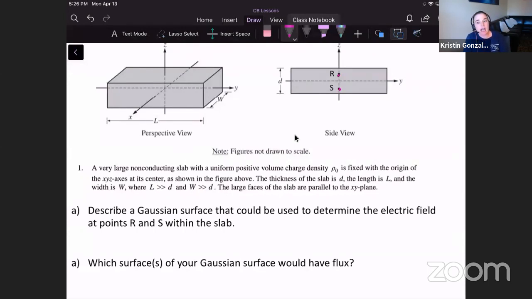I want you to tell me what kind of Gaussian surface you could draw to determine the electric field at either of those points, and which of the surfaces on your Gaussian surface would have electric flux. So what surface would you use and which sides would have flux? I'm going to tell you there is more than one option actually with this one.